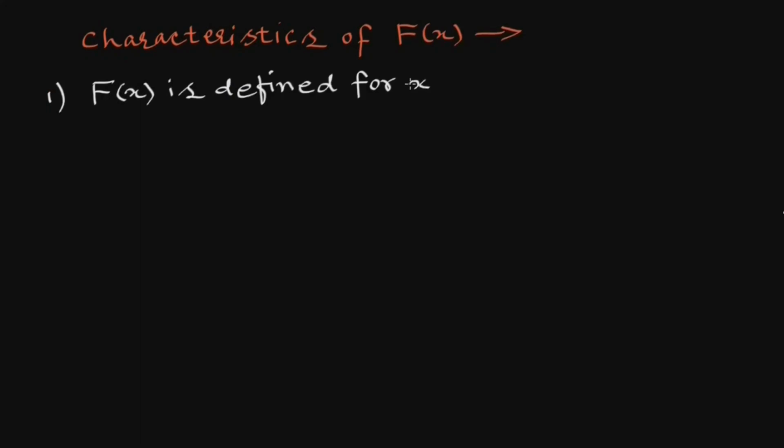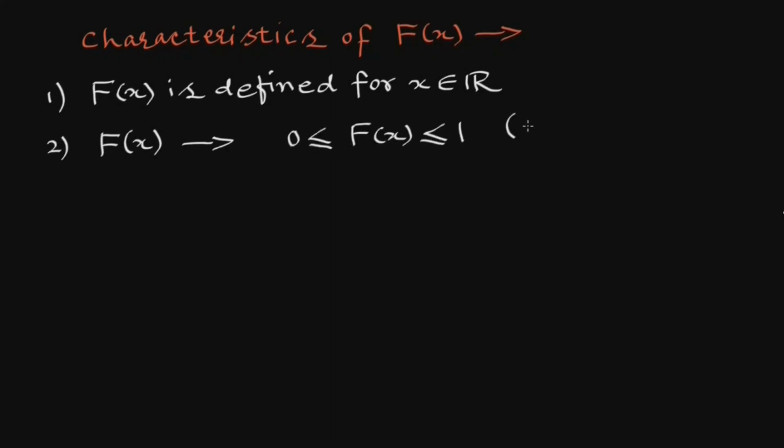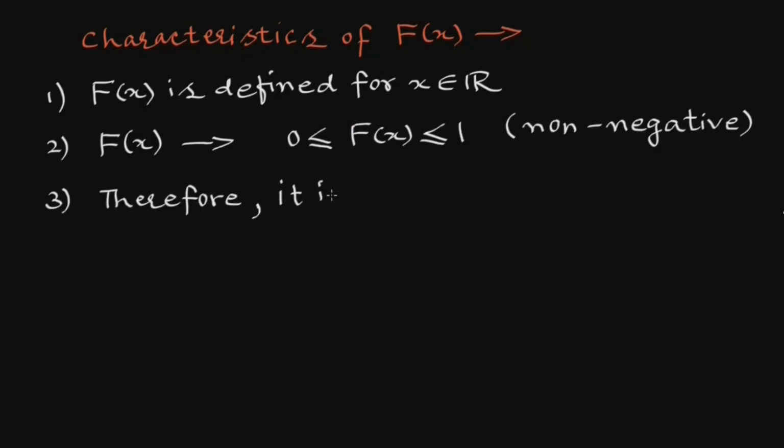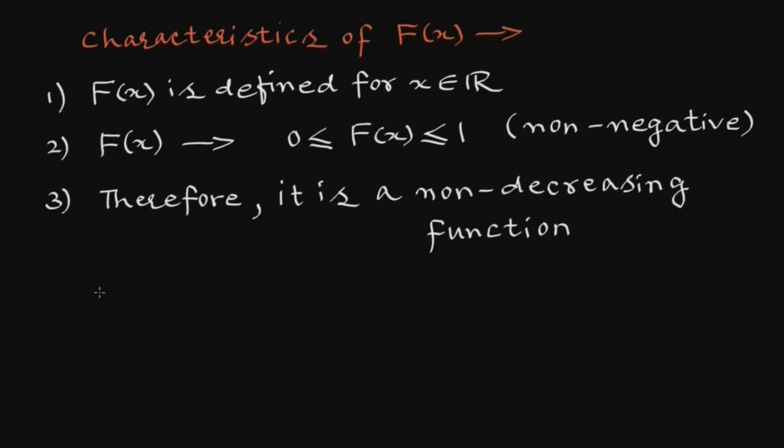Some characteristics of the continuous distribution function F(x) are: F(x) is defined for every real number x. Secondly, F(x) being a probability lies between 0 and 1, which means it is always non-negative. And thirdly, therefore, it is a non-decreasing function. We have seen the continuous distribution function F(x) to be the integral of f(t) dt.